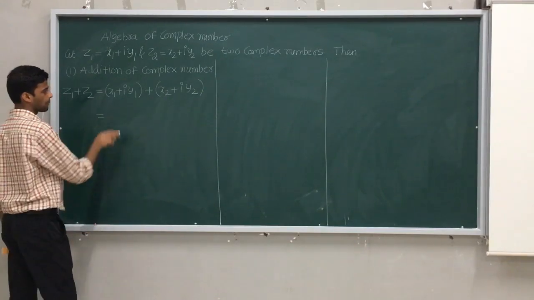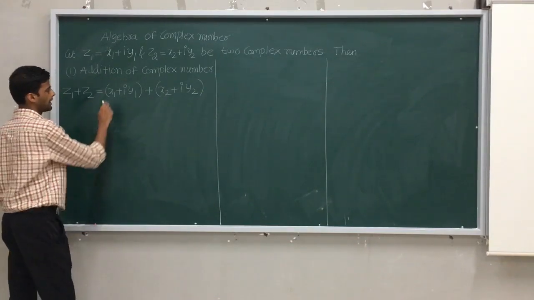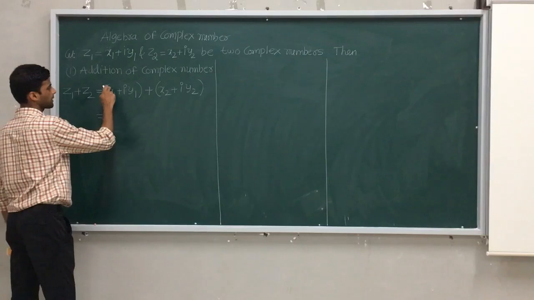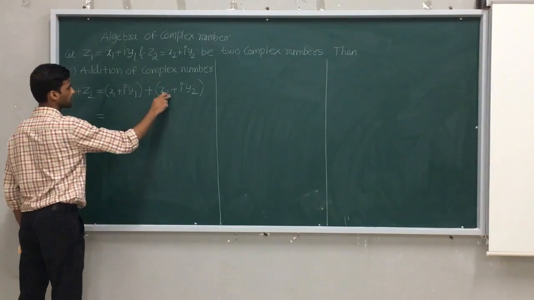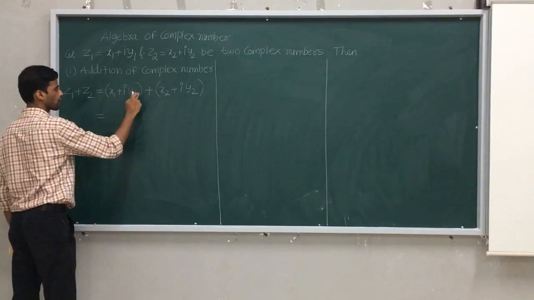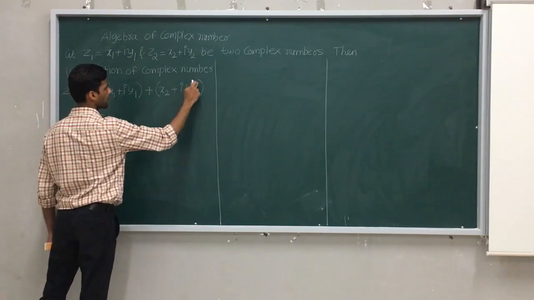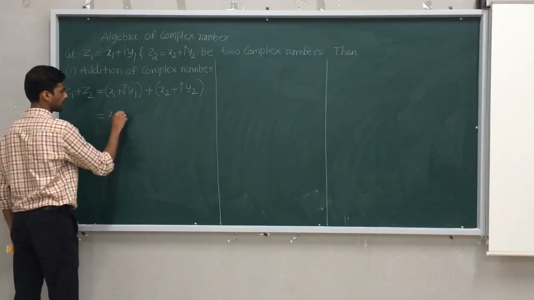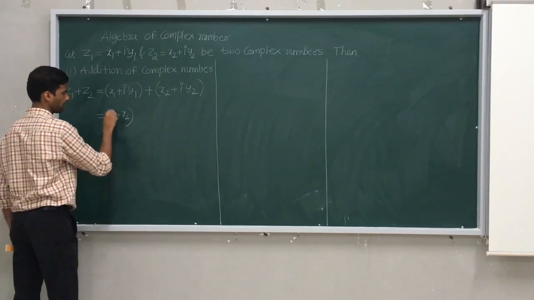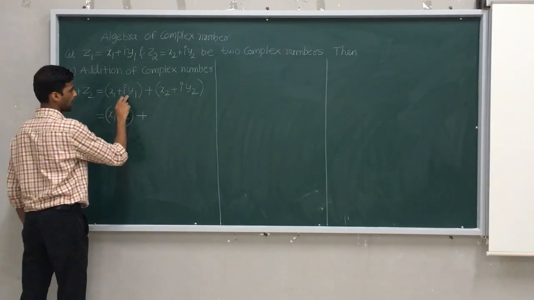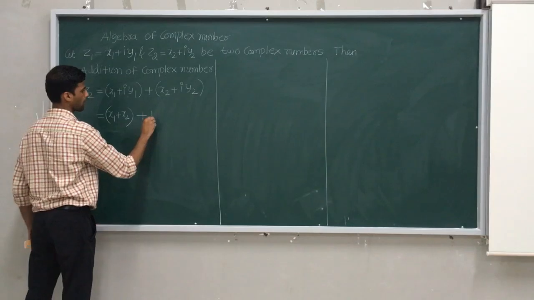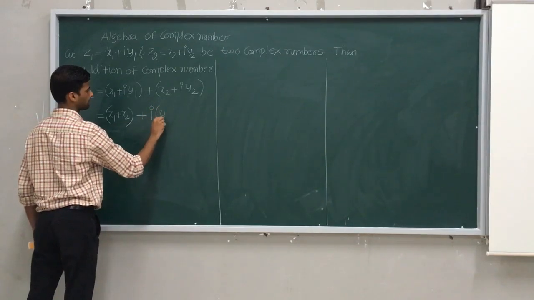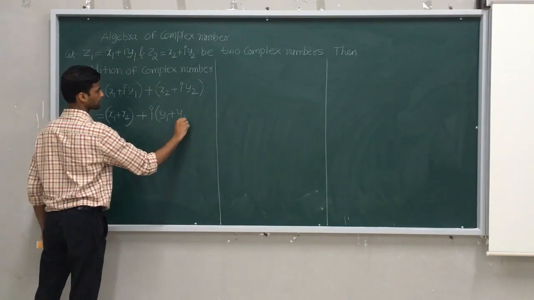I will bring real parts one side. x1 is the real part of the first complex number, x2 is the real part of the second complex number, y1 is the imaginary part of the first complex number, y2 is the imaginary part of the second complex number. I will take real with real. It is x1 plus x2 as one group plus iy1 plus iy2. i is common. I will take y1 plus y2.